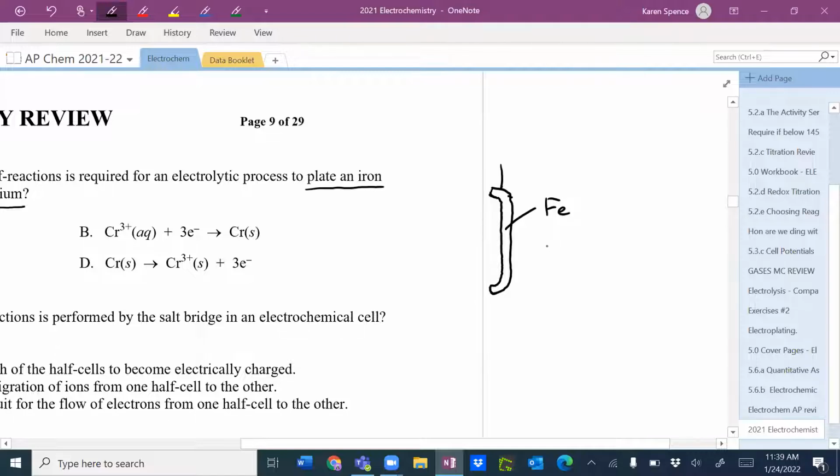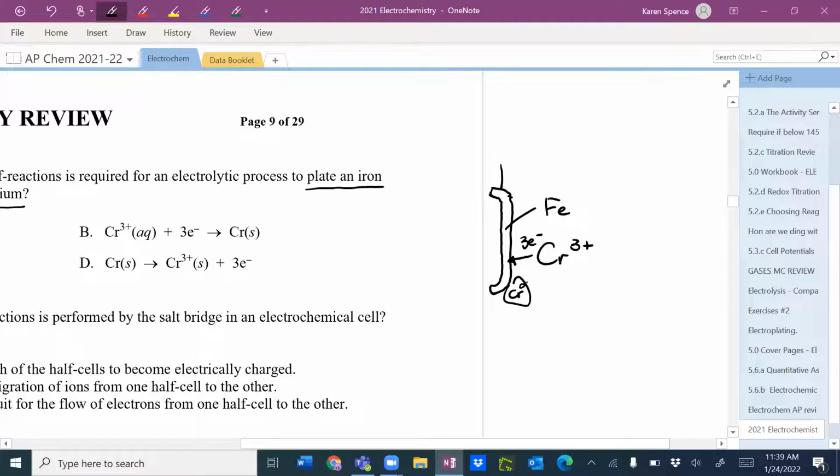So what that means is we need to take chromium 3+ and we need it to gain 3 electrons and become a chromium 0 atom.